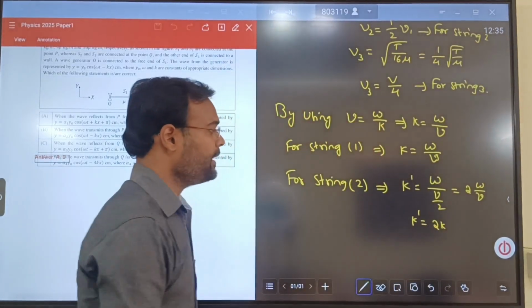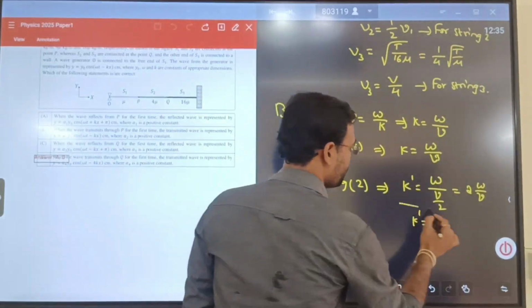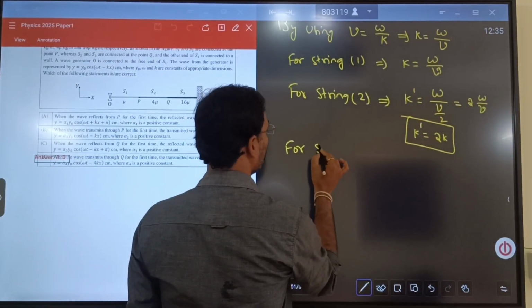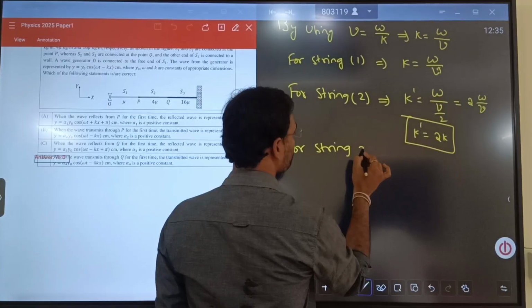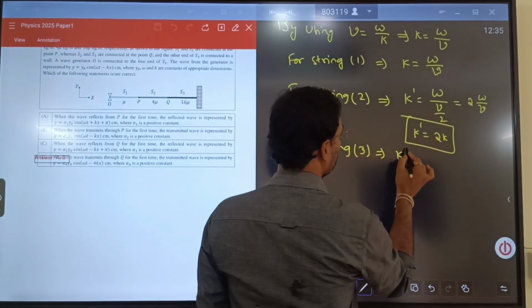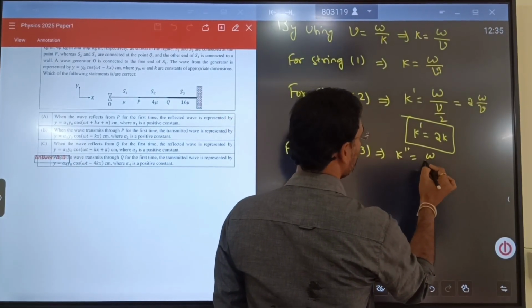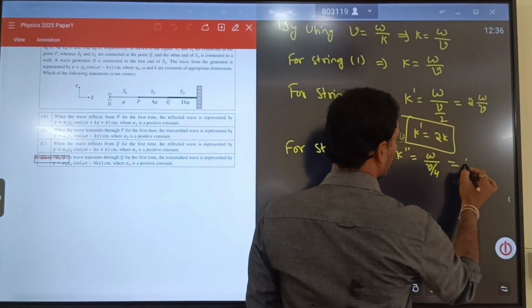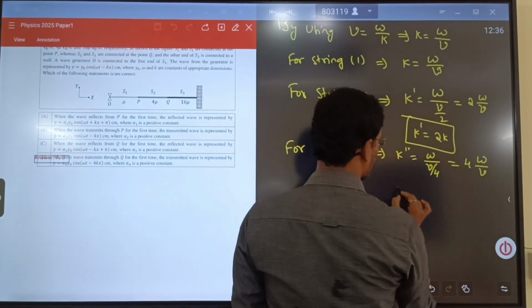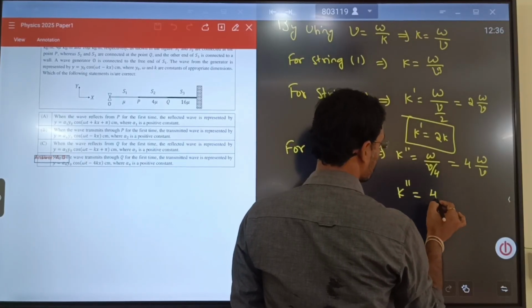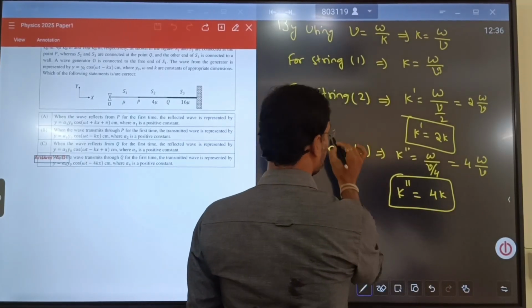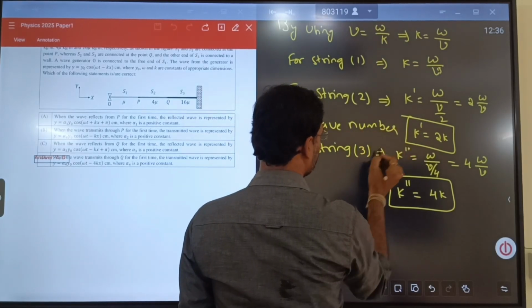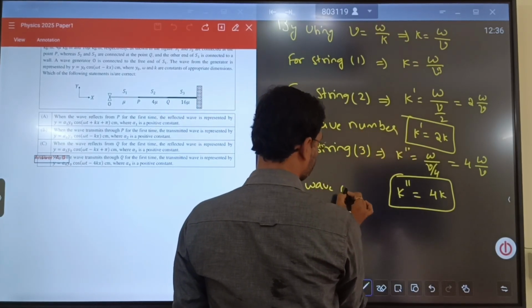This is the wave number for the second string. Clear beta? Similarly, for string 3, K double dash equals omega by V by 4, then K double dash equals 4K. These are the wave numbers for strings 2 and 3 respectively.